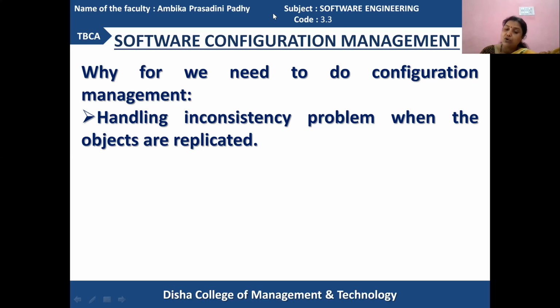If the source code is being changed by a number of developers with their own personal copies, and at last the personal copies are integrated together to meet the system's needs, that may lead to an inconsistency problem. Each individual has made changes in their personal copy in their own way.